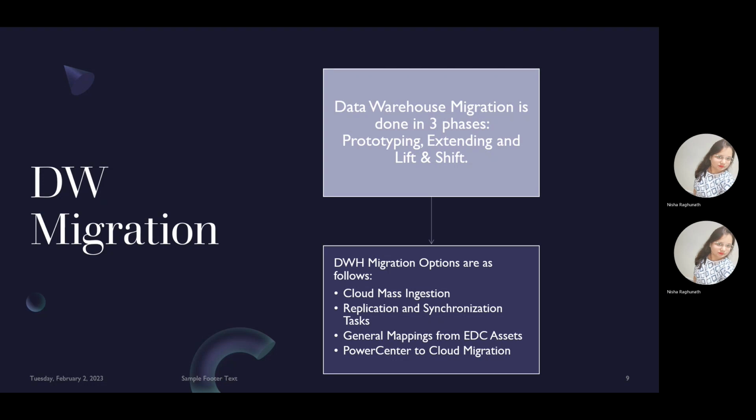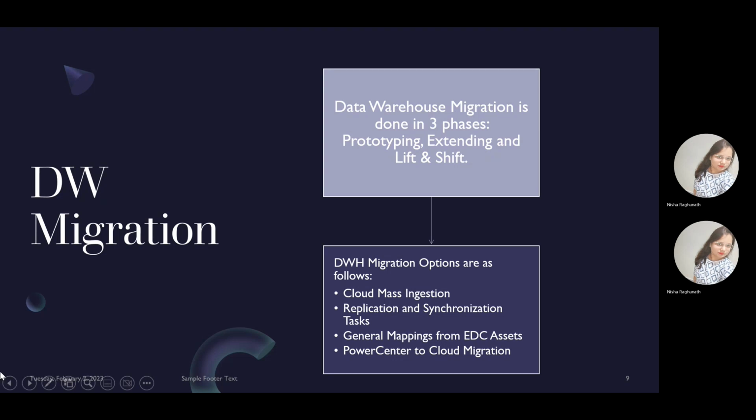Okay. Now, the data warehousing migration options which IICS provides are as follows. One is cloud mass ingestion, the replication and synchronization task, and generating mappings from EDC assets and PowerCenter to cloud migration.